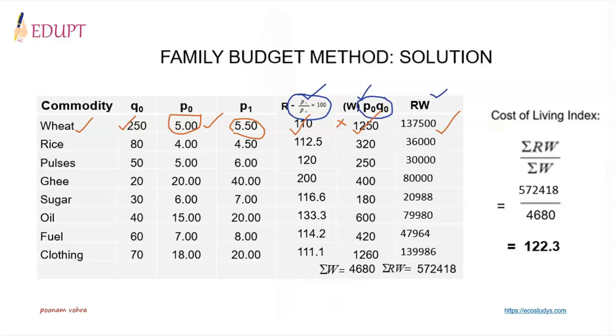Finally, you need to have summation of W, which is 4680, summation of RW, which is 5,72,418. Apply the formula sigma RW by sigma W, substitute the values and find out. The answer is 122.3. That is an increase in prices by 22.3%.